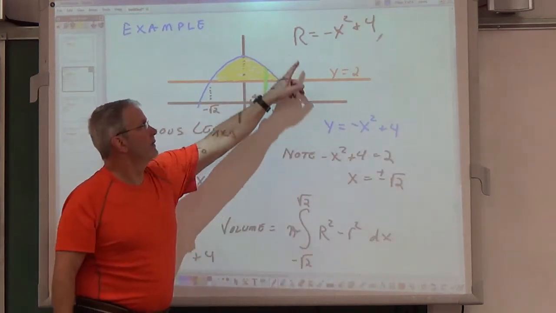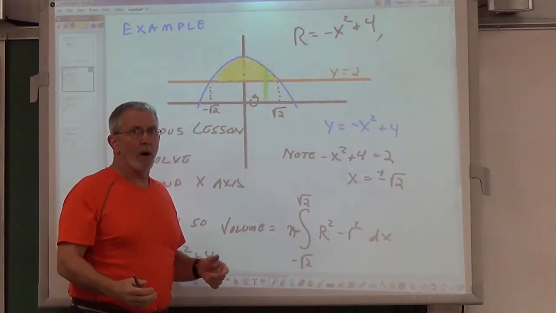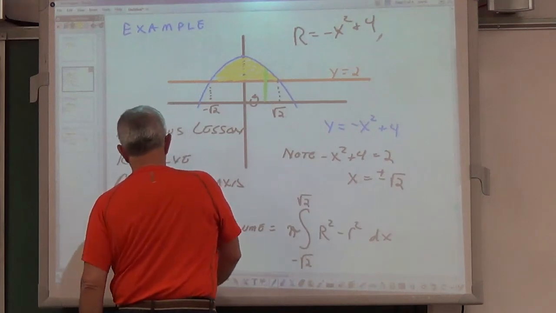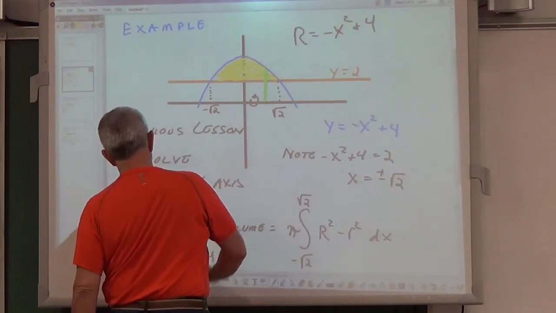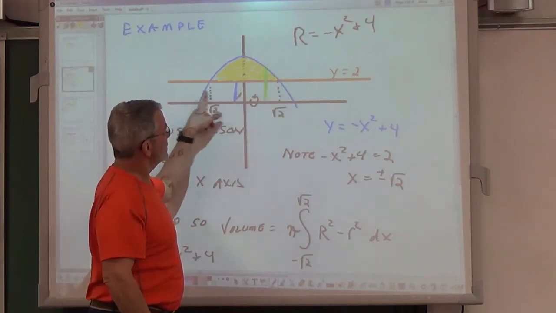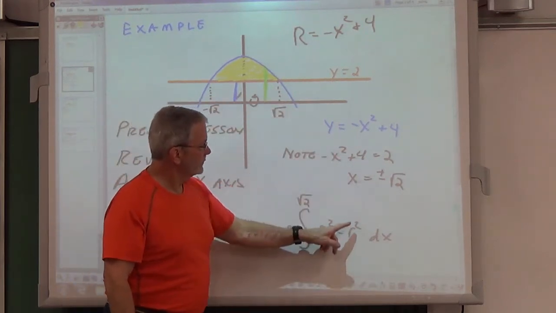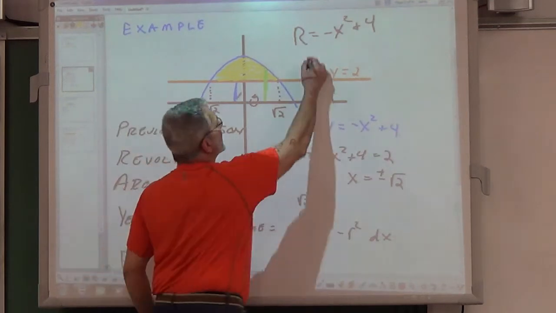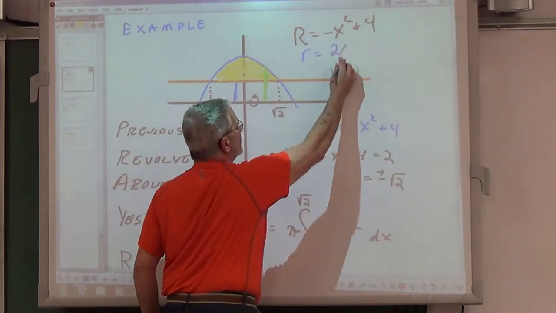That's big R. Little r is this guy right here. And we notice the little r doesn't change, and little r is 2. So little r is 2, big R is that function, little r is 2.